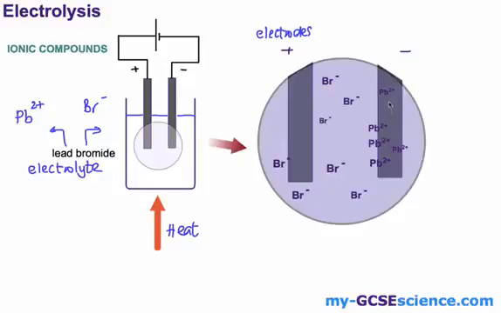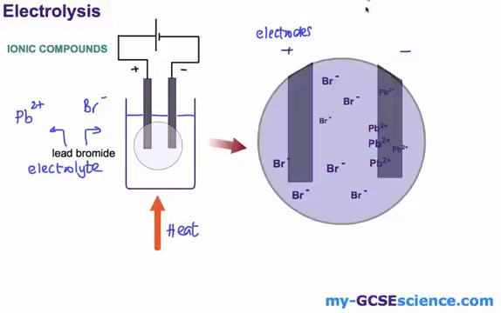So we have our lead ions collecting at the negative electrode because opposites attract, but that's not the end of the story. What we actually have is lead metal being produced here, and it will coat this electrode. But before we can do that, these lead ions have to turn into lead atoms. The way we do that is we have to add electrons.